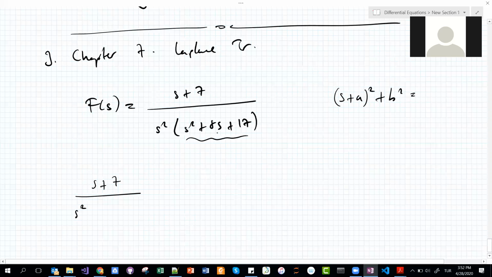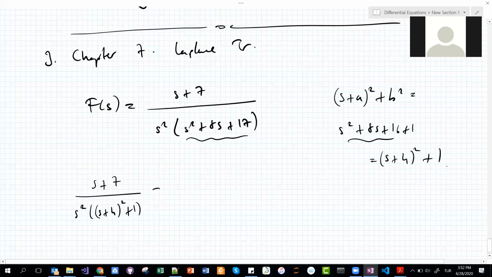That is why I'm going to convert this term into this. s squared plus 8s plus 17 can be written in this way: 16 plus 1. So this part would be (s plus 4) squared plus 1. So I'm going to use that part here, (s plus 4) squared plus 1.